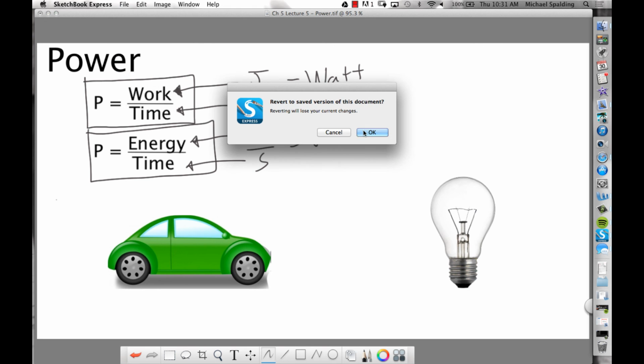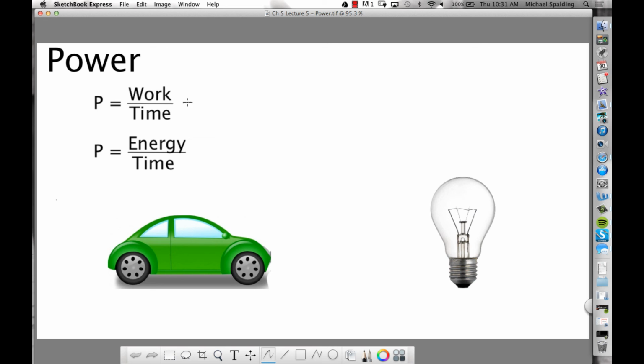Now, final thing I want to show you. What's the work equation? The basic equation for work. Force times displacement, right? Oh, and remember, when you're using that basic work equation, the force and the displacement have to be parallel to each other.